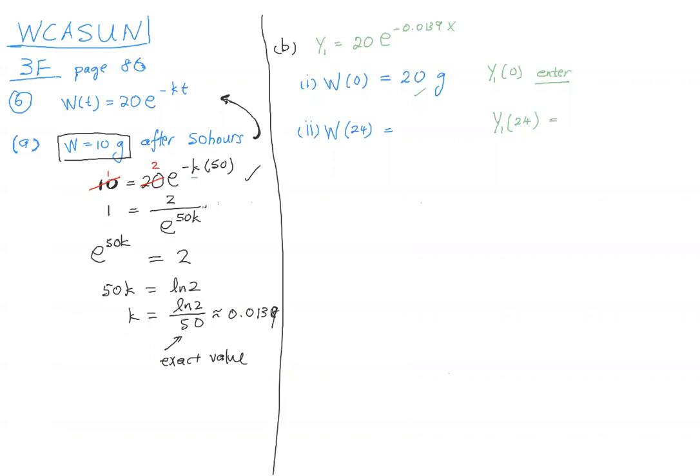You type in the function first. 0.7115? Thaddeus, is it 0.7115? I get 14.3. You get 14.3. So Hao Xuan, where do you get wrong?